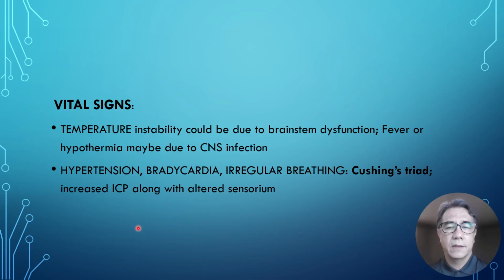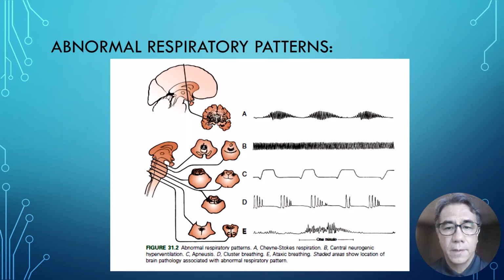When it comes to vital signs, the temperature instability may be due to brainstem dysfunction. Fever or hypothermia may be due to CNS infection. The triad of hypertension, bradycardia, irregular breathing is called Cushing's triad and is the hallmark of a patient who is about to herniate because of increased intracranial pressure accompanied by altered sensorium.